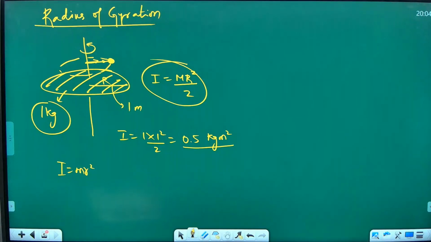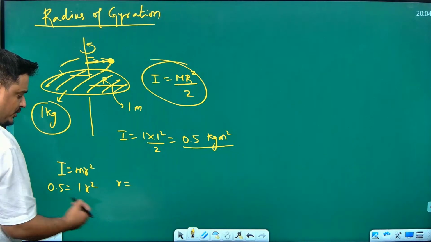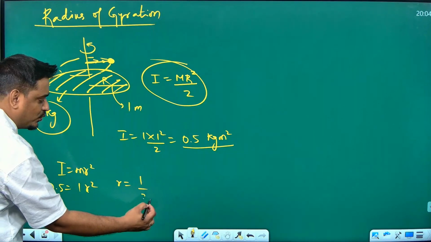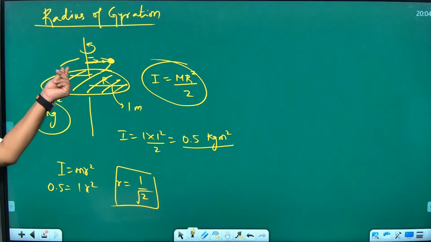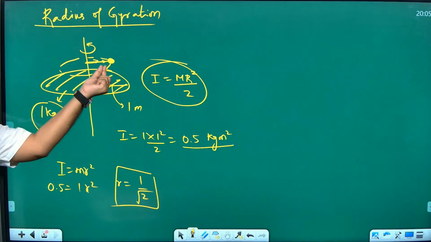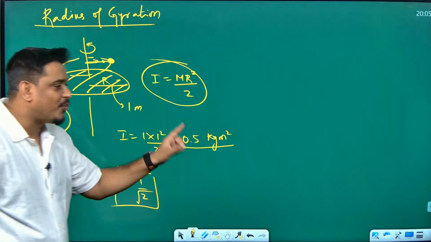So if I have inertia value as 0.5 and mass as 1, I can easily find the value of r. r will become equal to 1 by root 2. It means if I go 1 by root 2 meters away from the center and rotate the body, the moment of inertia will be the same, 0.5 kg meter square.